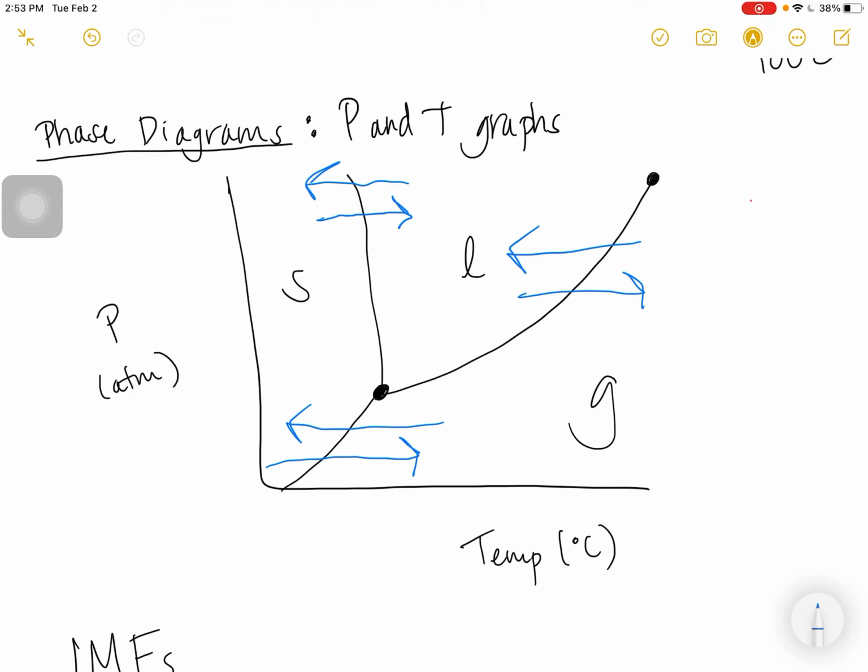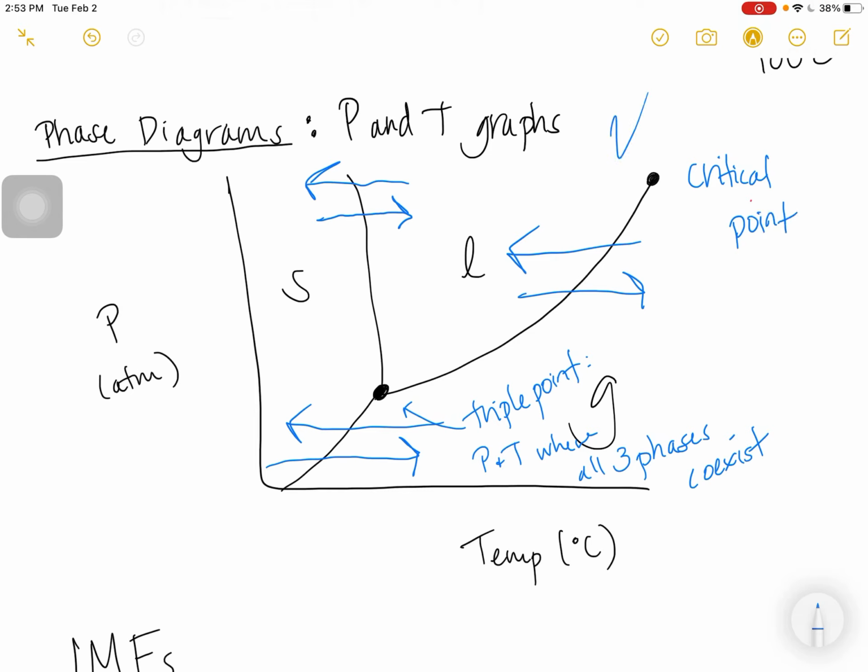And there's two important points on this graph. This is the triple point. The triple point is the pressure and the temperature where all three phases coexist in an equilibrium situation. And this is the critical point.